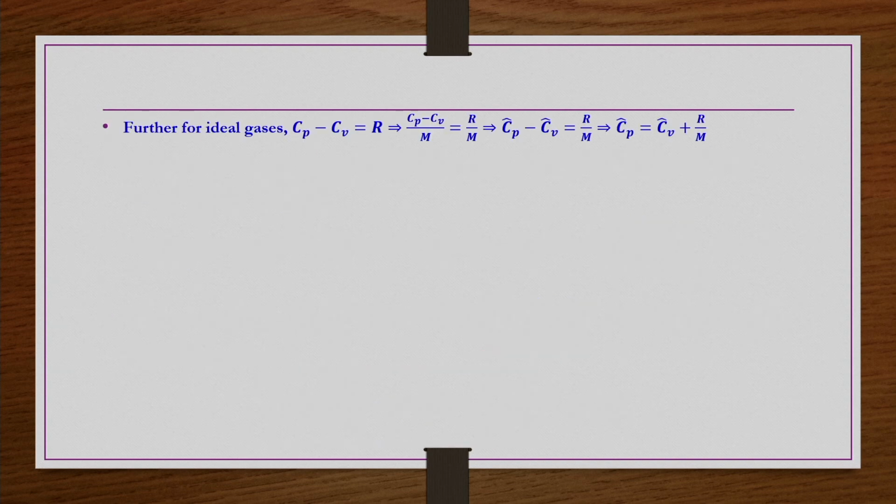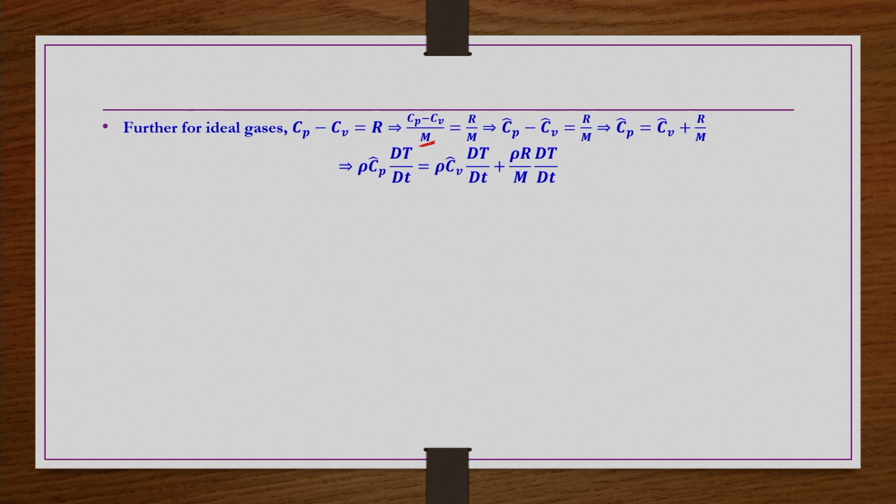Now, for the same ideal gas, we have Cp minus Cv is equal to R. If you divide both sides by the molecular weight of the gas, then you have Cp tilde minus Cv tilde is equal to R by m, because this tilde indicates per unit mass. So, Cp tilde is equal to Cv tilde plus R by m. The previous equation we have written in terms of Cp tilde, now we are going to write in terms of Cv tilde.